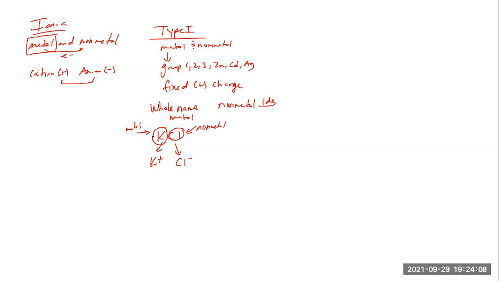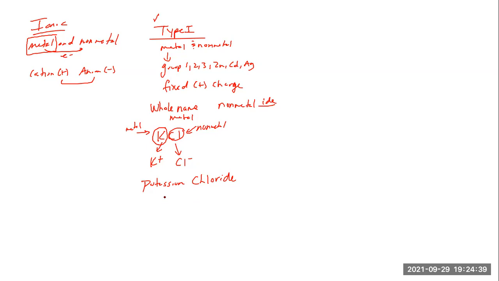And that metal is from group 1, which tells us it is going to be a type 1 compound, which means we just simply use the whole name of the metal, which is potassium. Chlorine gets the IDE treatment at the end and becomes chloride. So type 1 guys, pretty straightforward. We have a metal that has a fixed charge, and if we see that, simply proceed to a whole name of the metal, IDE for the non-metal.